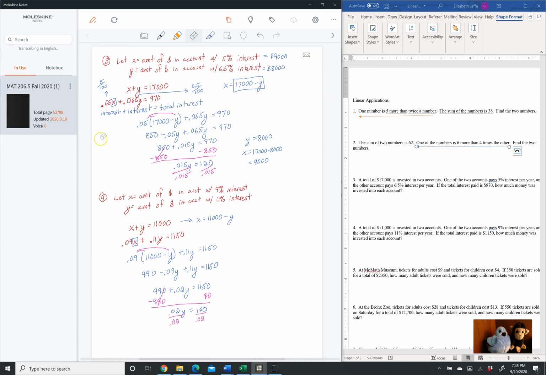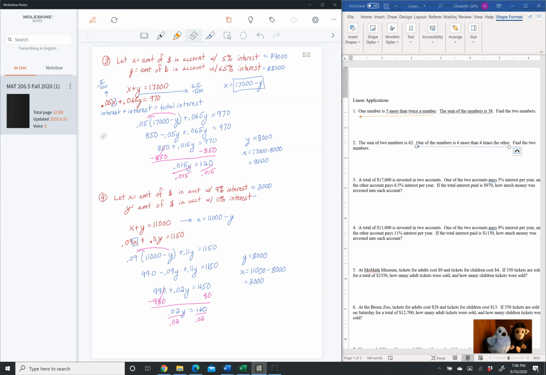Okay, but remember, we also have to find x. So x is 11,000 minus, sorry, minus 8,000, which is equal to 3,000. And you could write your final answer as a sentence, or you could say the amount in the account with 9% interest is 3,000.